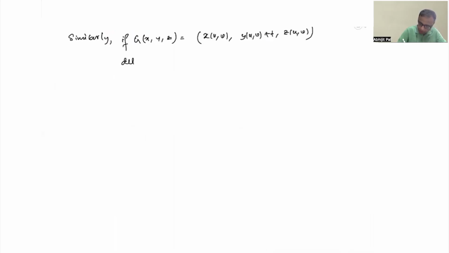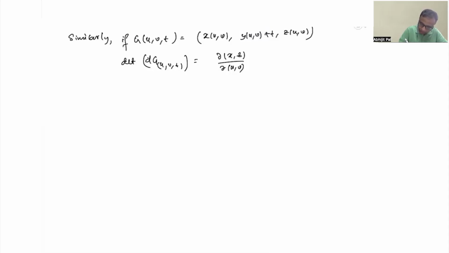So the determinant of, sorry, so this will be your (u,v,t). So the determinant of the differential of this will be equal to del(x,z)/del(u,v). Okay.